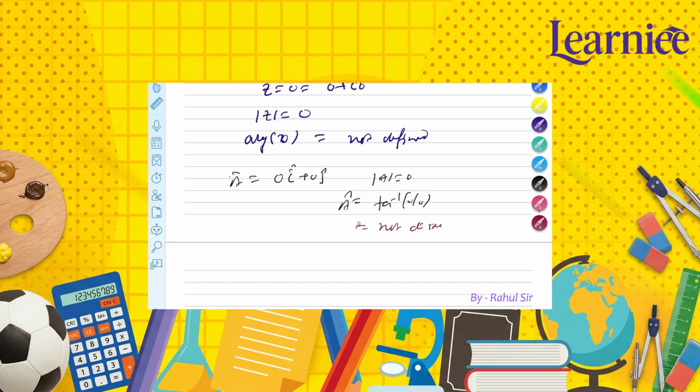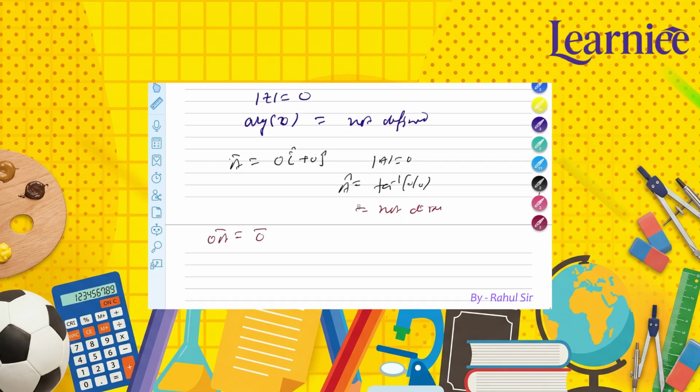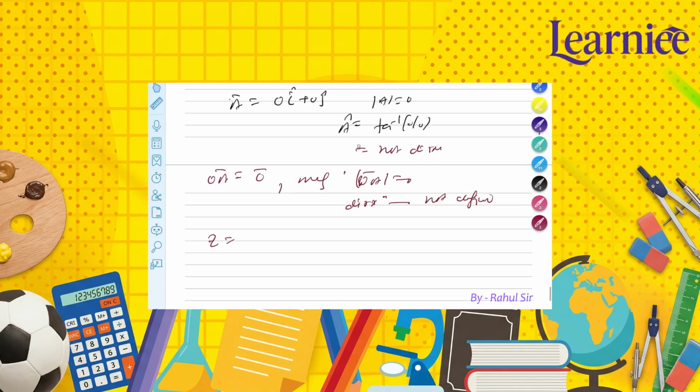Just like the vector OA is equal to 0, its magnitude is 0 but the direction is not defined. Similarly, for the complex number 0, the modulus mod z is 0, whereas the direction, or the argument of z, is not defined.